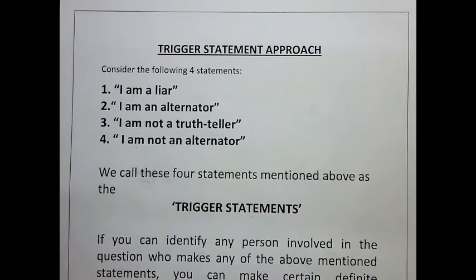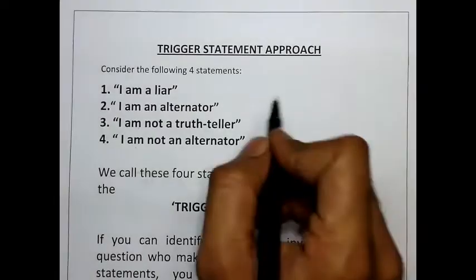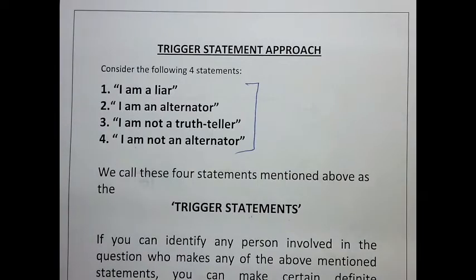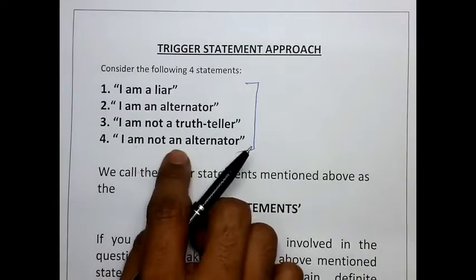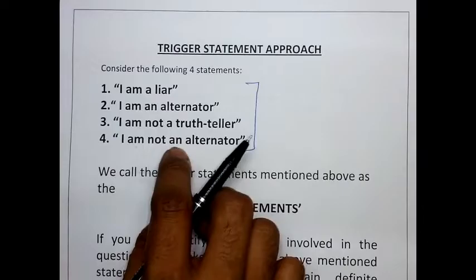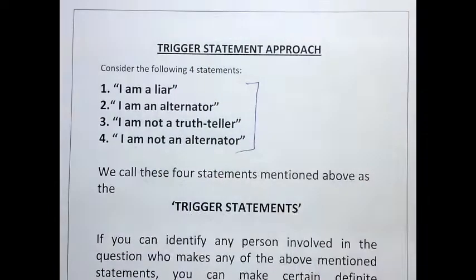In the question, if you identify any person making one among these four statements: I am a liar, I am an alternator, I am not a truth teller, or I am not an alternator. If any one among the four statements mentioned here is spotted, then you can go by the trigger statement approach.